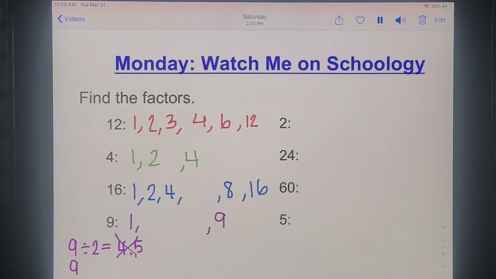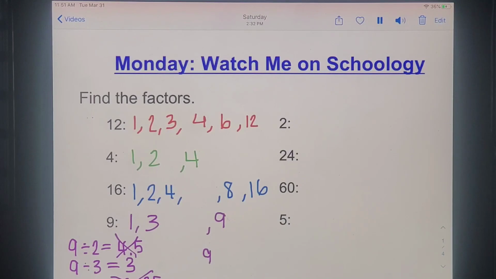Next, we can do 9 divided by 3 in your calculator. 9 divided by 3 equals 3. So that one is good. So we write 3. Next, we can do 9 divided by 4, which equals 2.25. That one is not good.